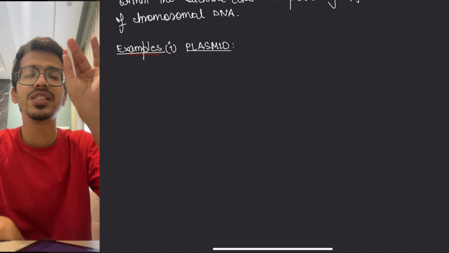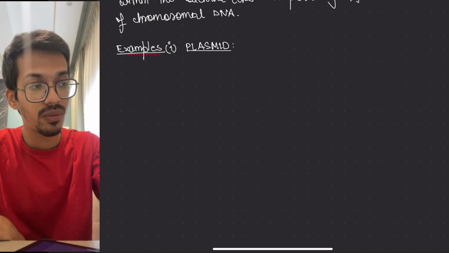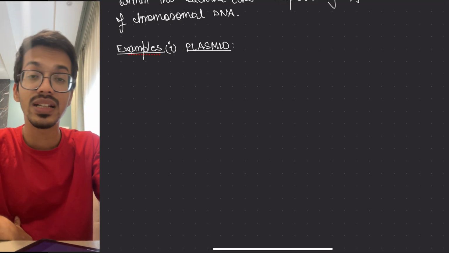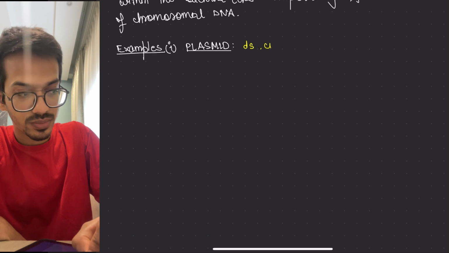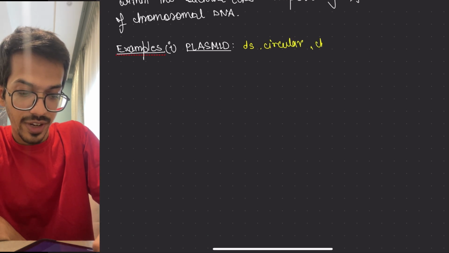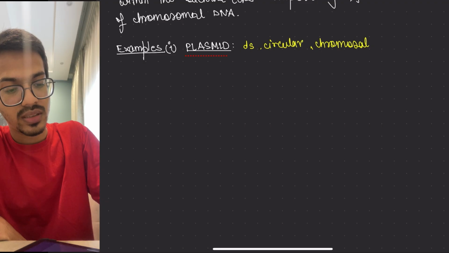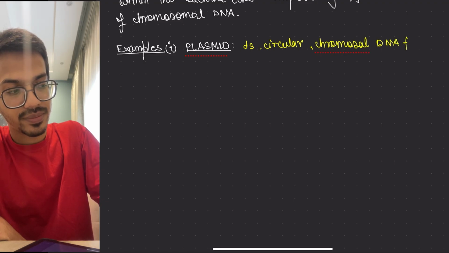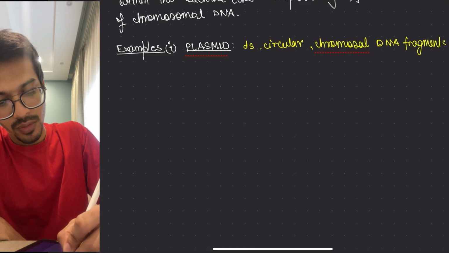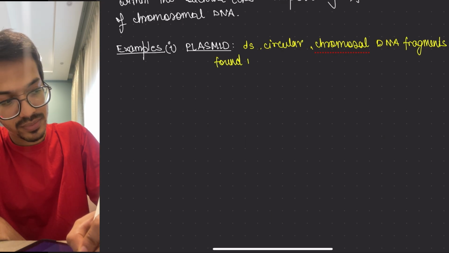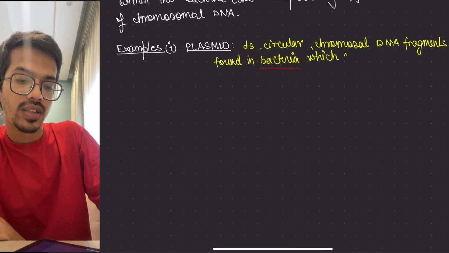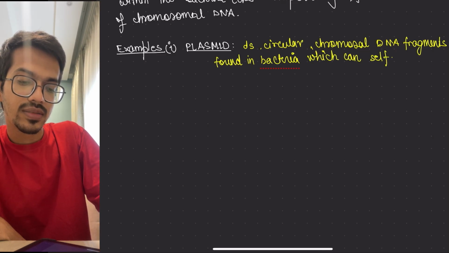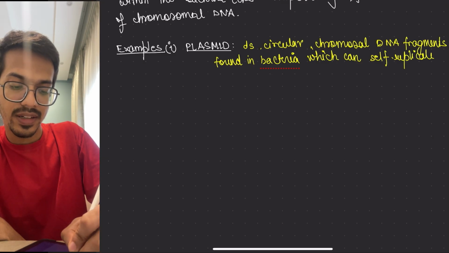For example, in our syllabus, pBR322 plasmid, from the E. coli bacteria, sorry, Salmonella typhi, is there with us. So plasmids are double-stranded, circular chromosomal DNA fragments found in bacteria which can self-replicate independently.